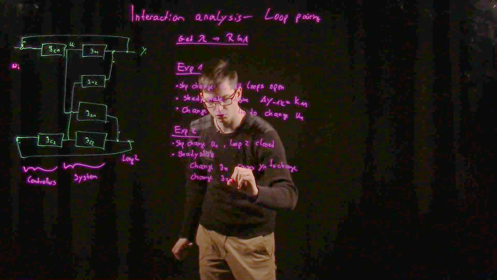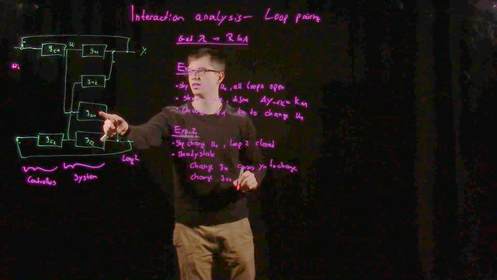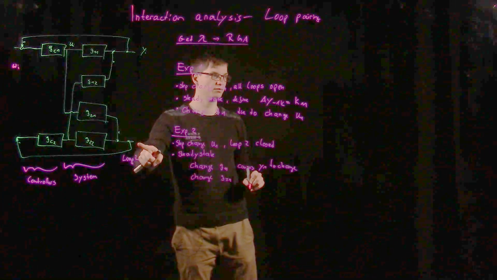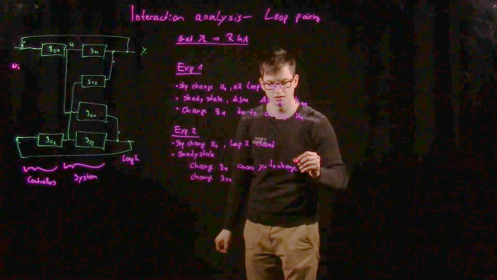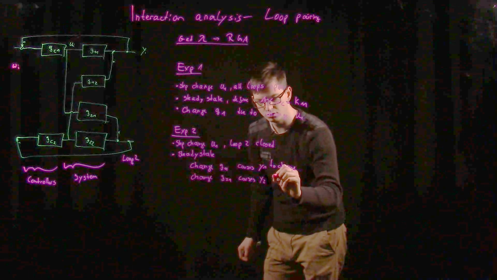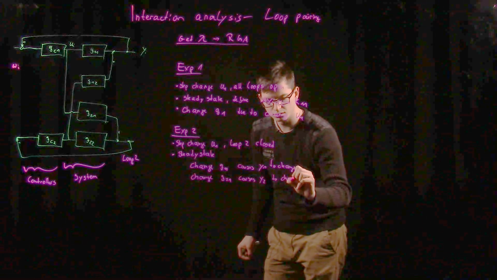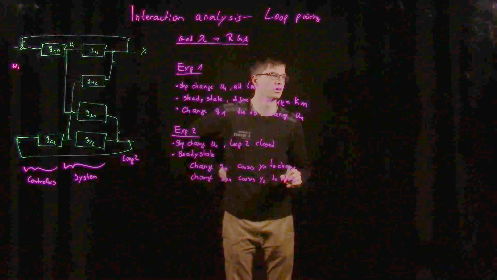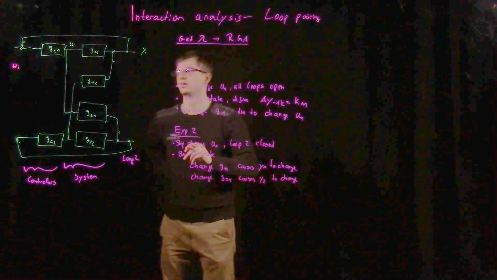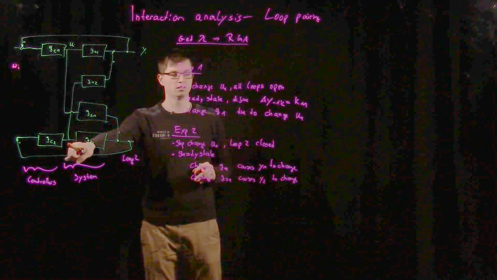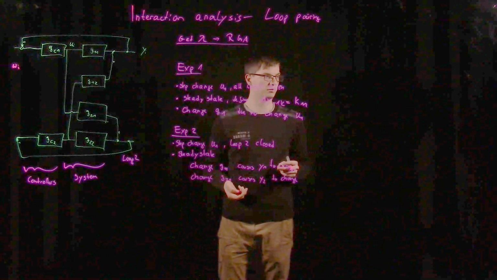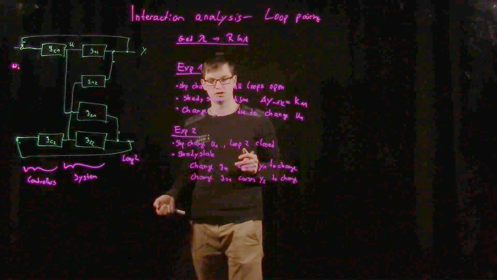A change in G21, what does it mean? Where is it? There it is. A change in G21 affects Y2, so it causes Y2 to change. And by manipulating U2, there it is, you manually restore Y2 to its initial value.